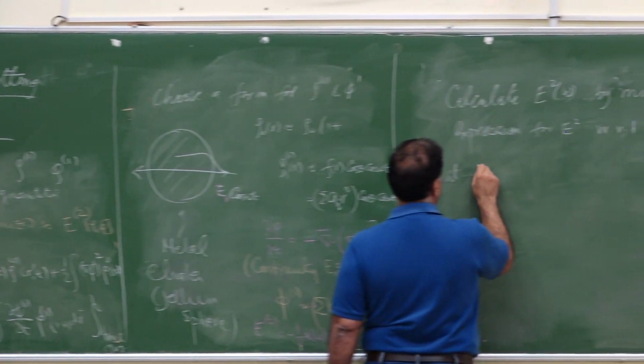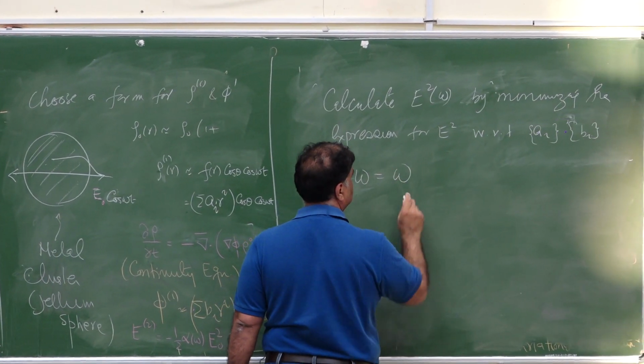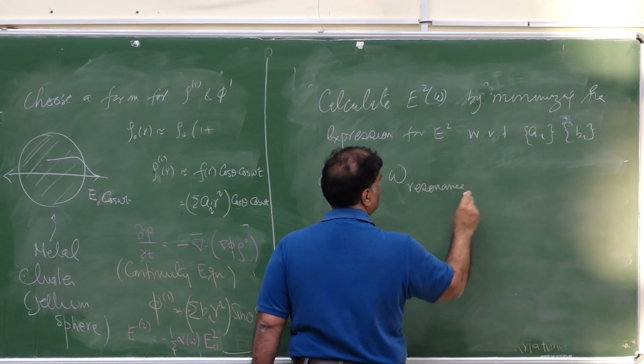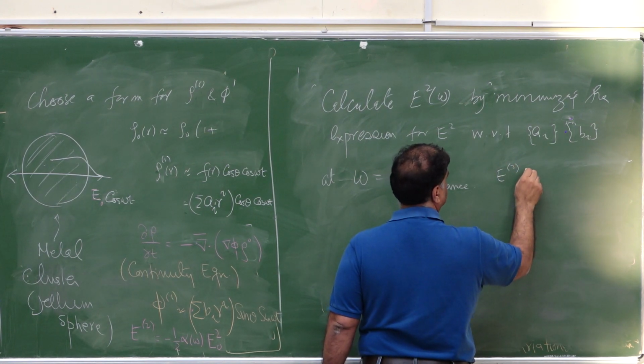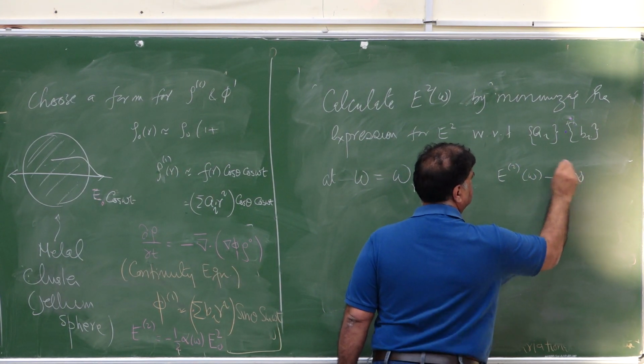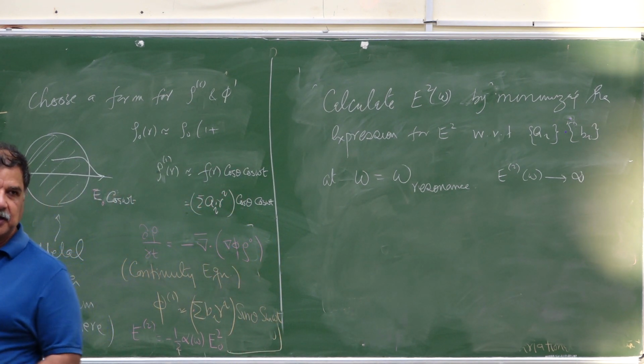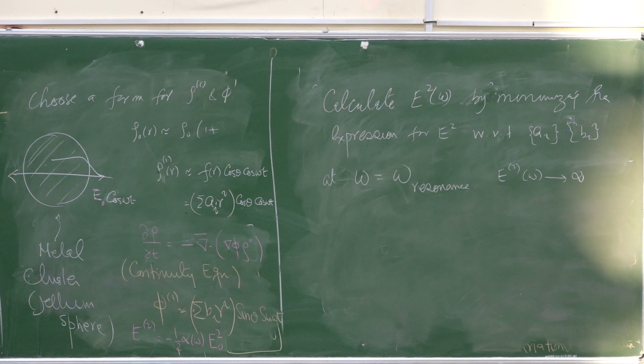At omega equals omega resonance, E2 omega goes to infinity. So that's how you can calculate the resonance frequency using TDDFT, Thomas Fermi approximation.